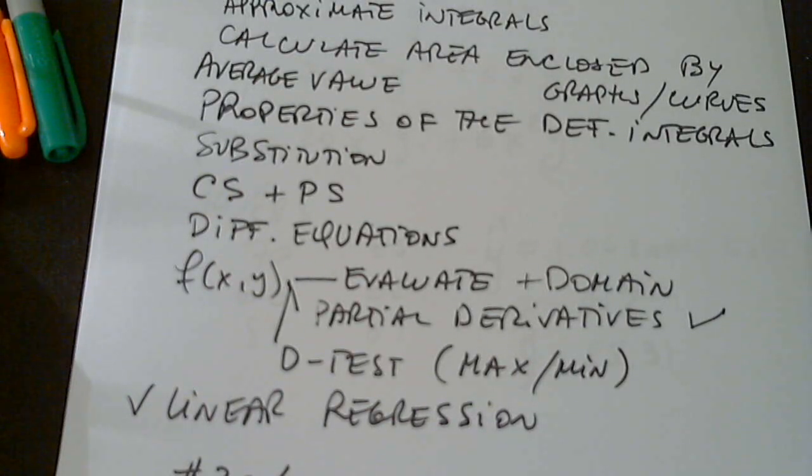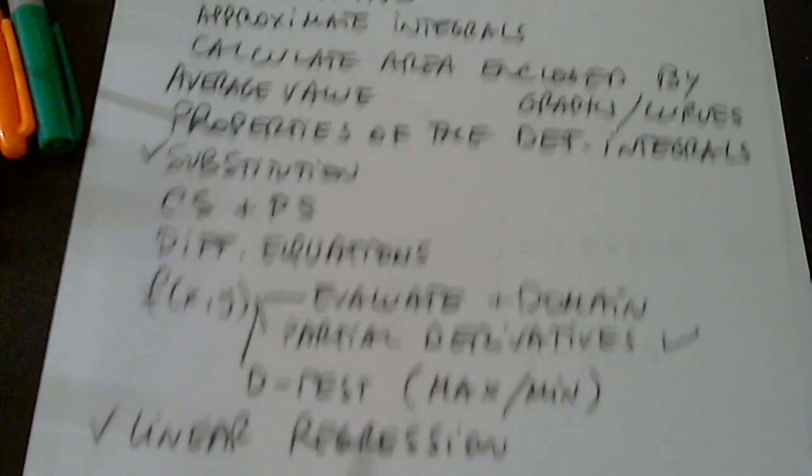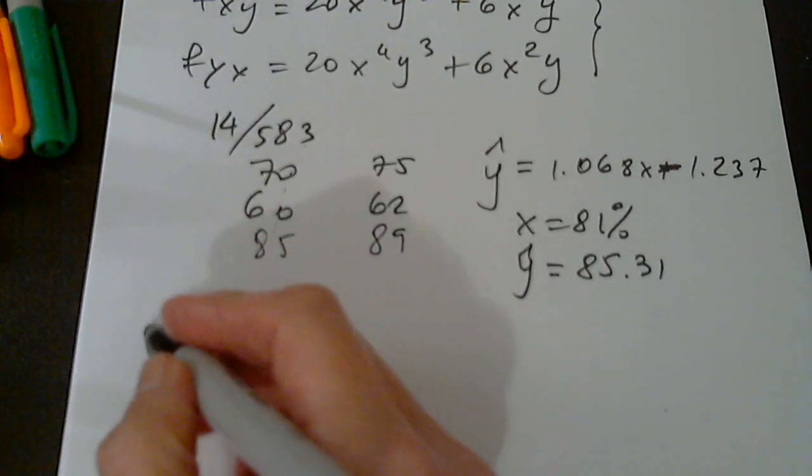Anything you want to look at? Definite and indefinite, anything from 1 through 62, and beyond, actually, 66. We do number 9. Yes, let's work on number 9. So this is substitution.